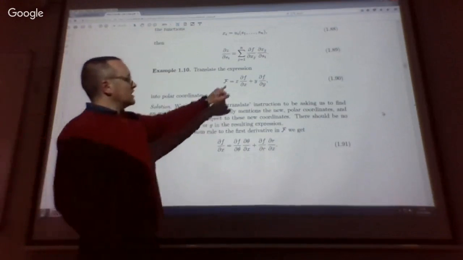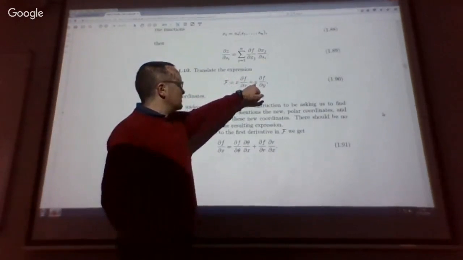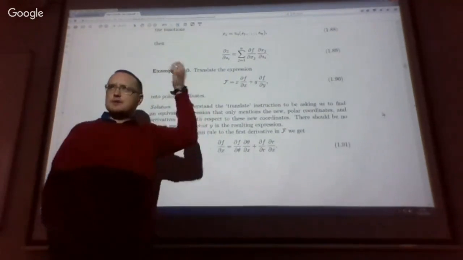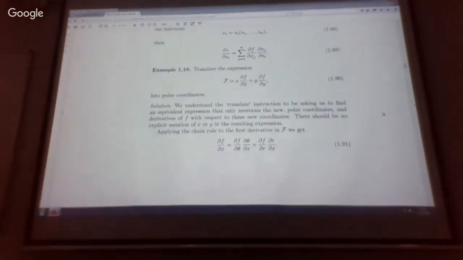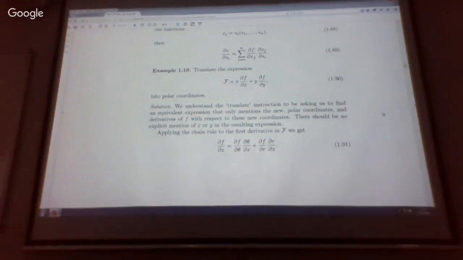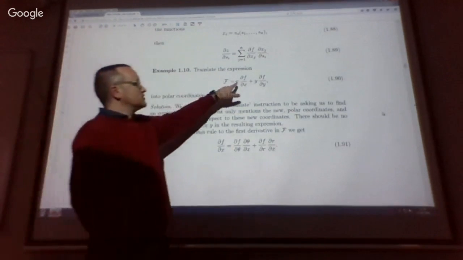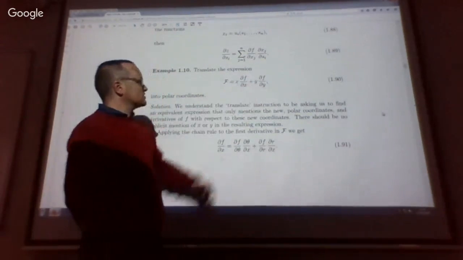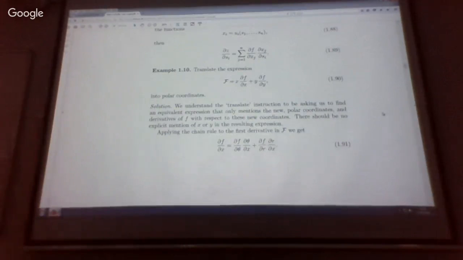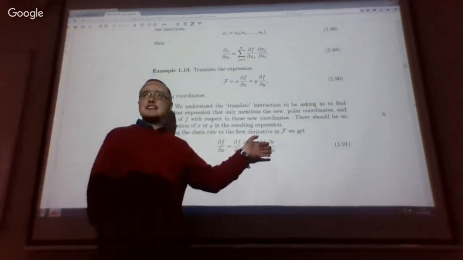So I've got these two quantities. I know how to replace x and y: x would be replaced by r cosine theta and y replaced by r sine theta. The trickier things to replace are these partial derivatives, df dx and df dy. But I can immediately write down the chain rule.